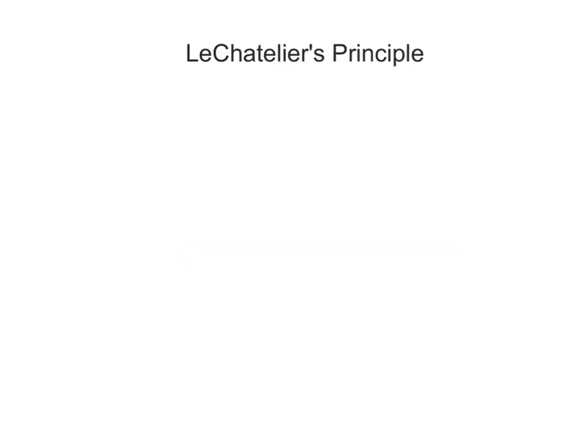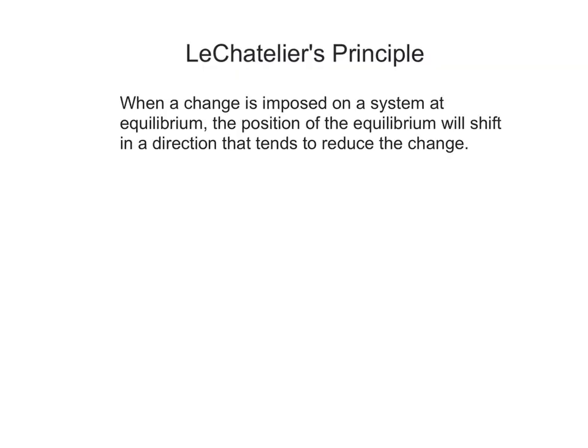We can qualitatively predict the effect of changes in concentration on the system at equilibrium using LeChatelier's principle. This states that when a change is imposed on a system at equilibrium, the position of the equilibrium will shift in a direction that tends to reduce the change. In the first two cases, the concentration of one of the reactants was increased.